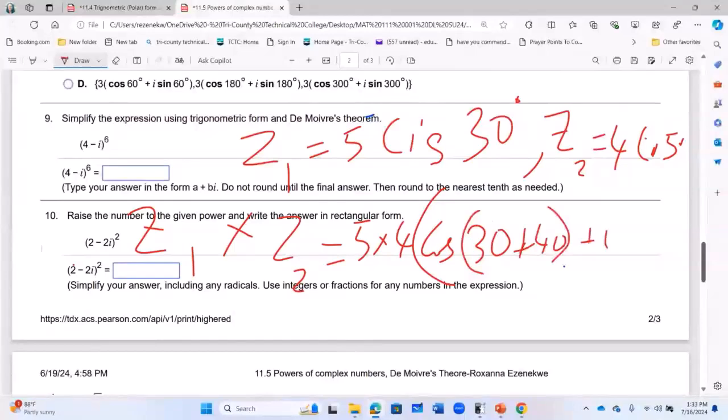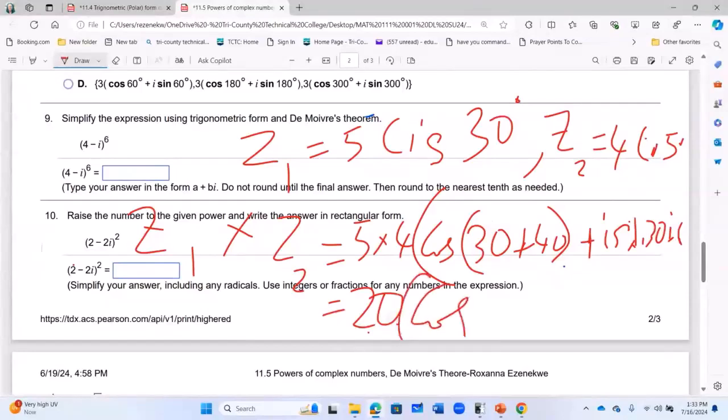You have to obey all the signs of the unit circle, i sine of theta 1 plus theta 2. So you rewrite 5 times 4 is 20. So the modulus of Z1 multiplied by the modulus of Z2, and then cosine of angle Z1 plus angle Z2.